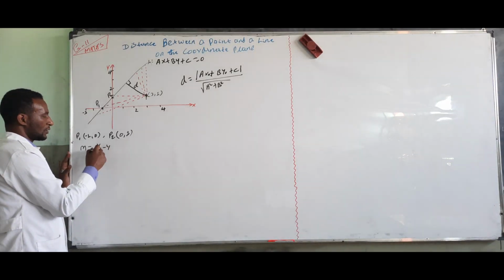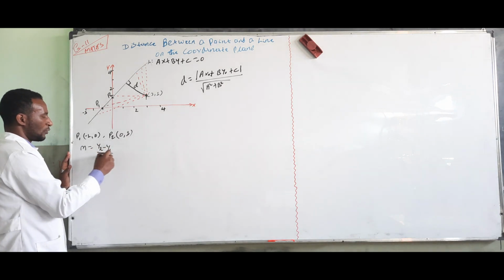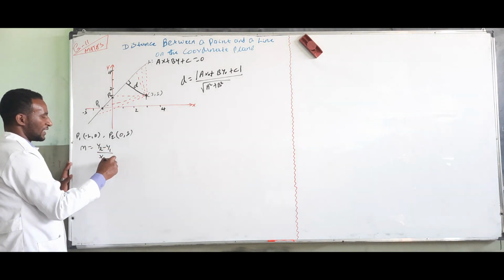The slope m is equal to the change of y over the change of x, that is y2 minus y1 over x2 minus x1.